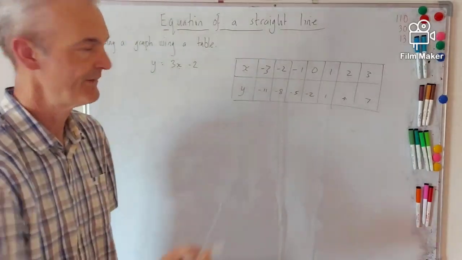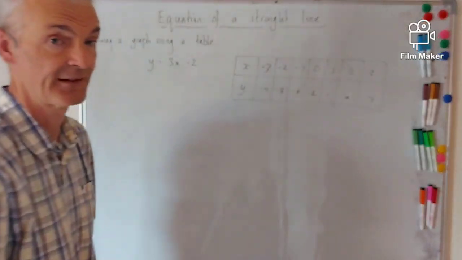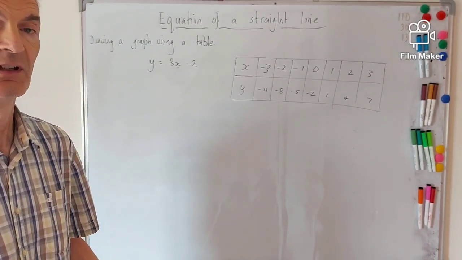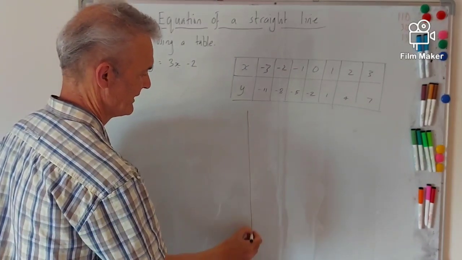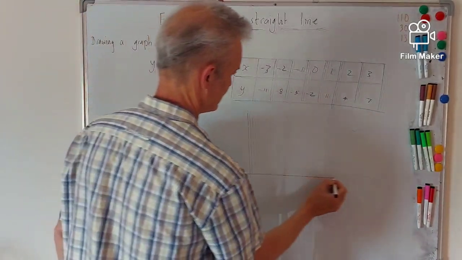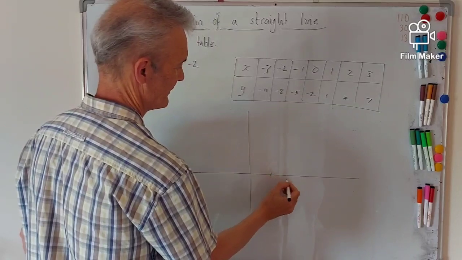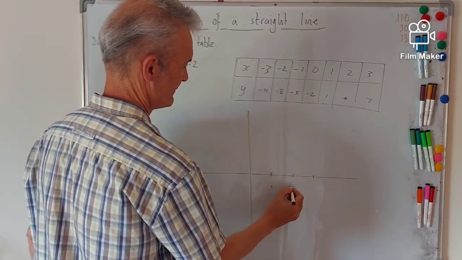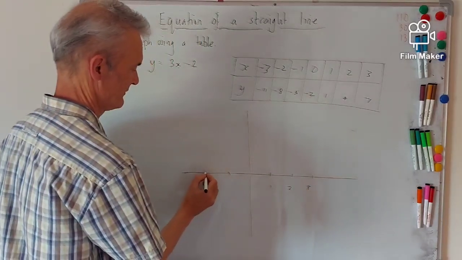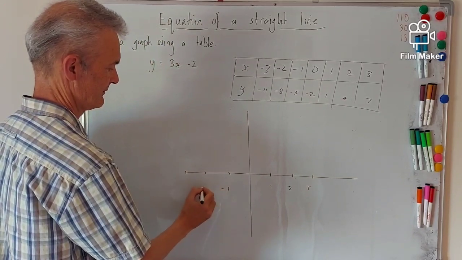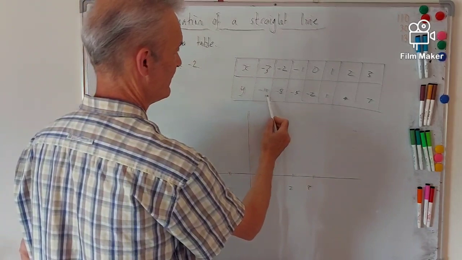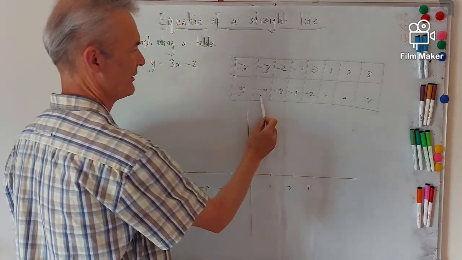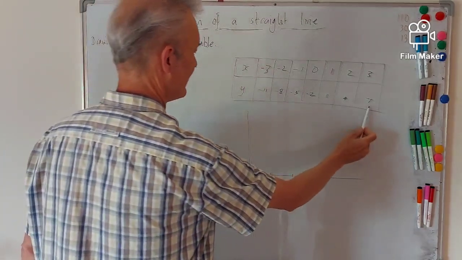So we've now got some coordinates, so we can plot those onto our graph paper. If we have our x values, and we have to go, if you look at our y, from -11 to 7.